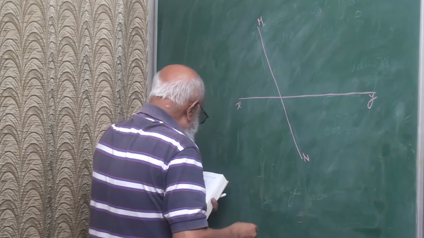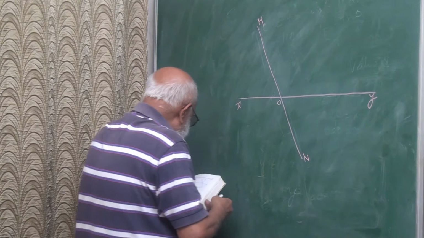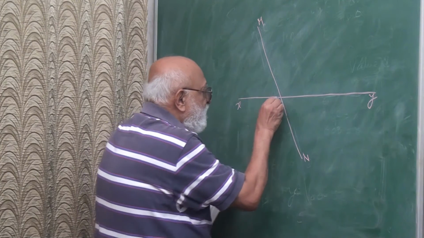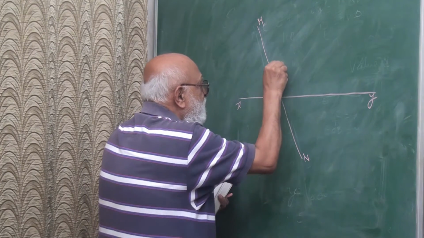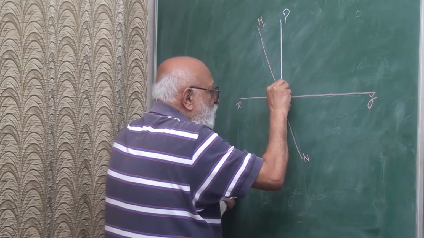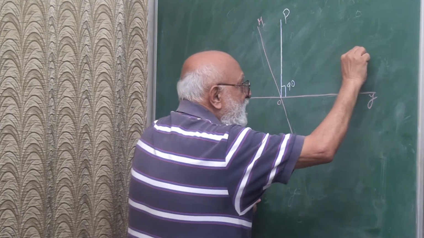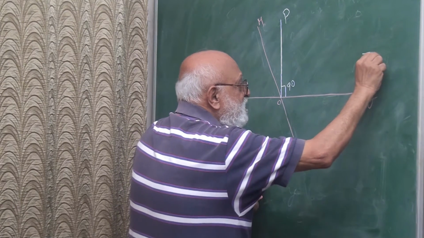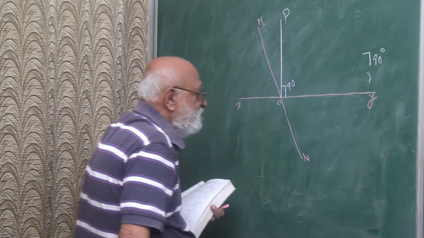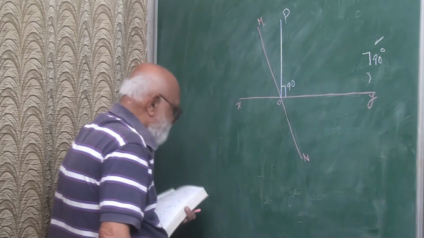They intersect at O, so these are the common intersects at O. If POY, so we draw a perpendicular here, and this one is P. POY is equal to 90 degrees. This is the notation for 90 degrees. Any angle shown like this is 90 degrees. Other angles will be shown like this one. So this is given as 90 degrees.